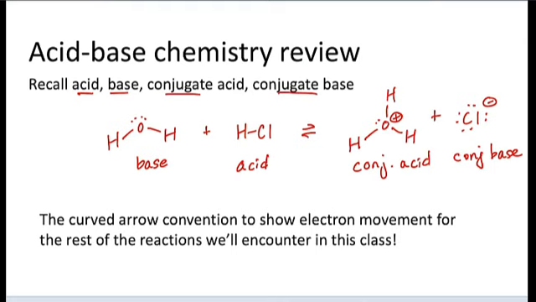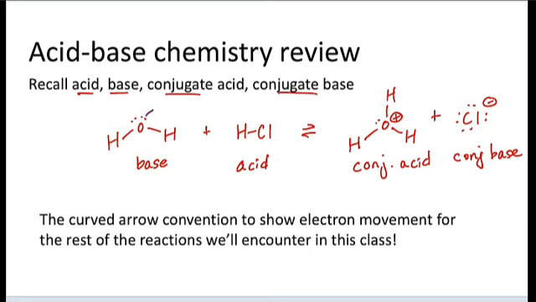All right, and so we want to think about this in terms of electrons moving around now. Okay, so far this is all general chemistry. We're going to use curved arrow notation to push electrons and draw a mechanism for this reaction. We're going to start with the base. The base bears the electrons, okay? It's always the source of electrons.